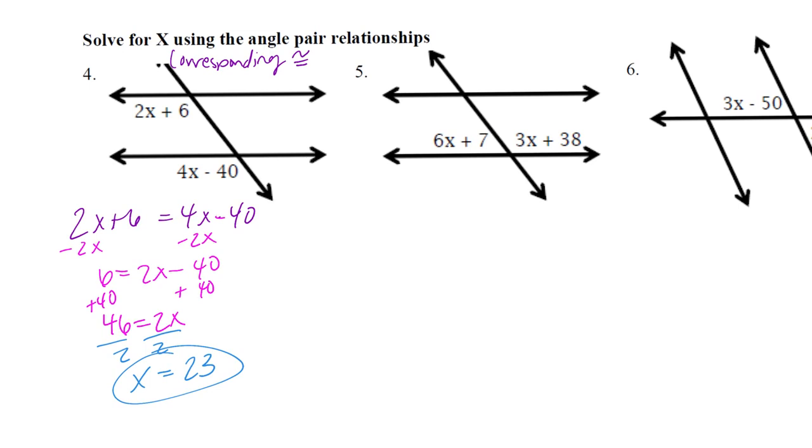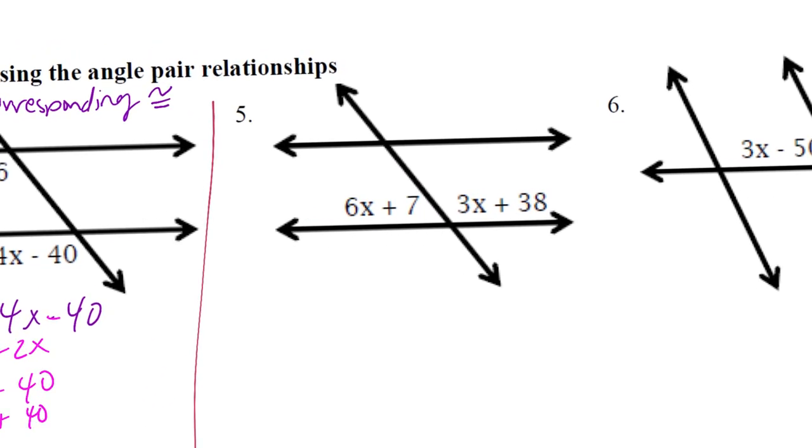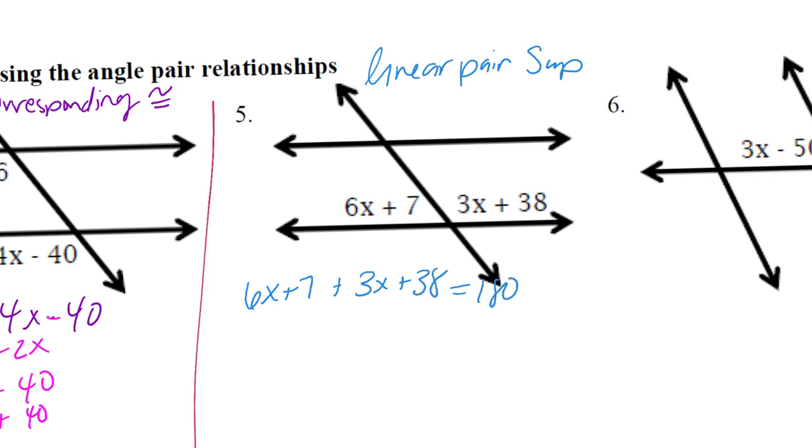So I've solved for x on the first one. Now we're going to look at number 5. I want to first identify what type of angles those are. So these are a linear pair. They make a straight line, which means they are going to be supplementary. So 6x plus 7 plus 3x plus 38 is going to equal 180.